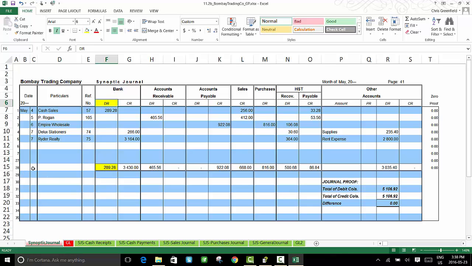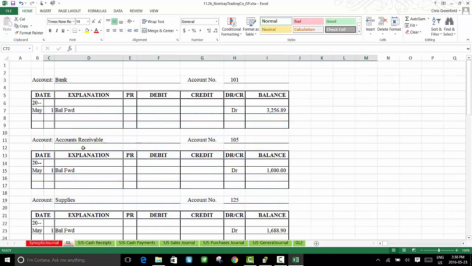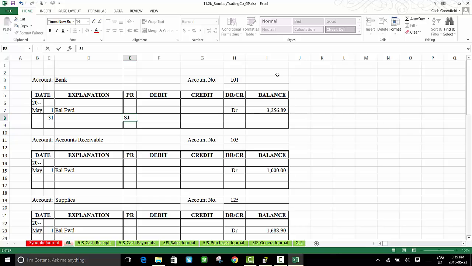Now these entries are all occurring on the 31st, so we're going to put a 31 in our totals line. Make sure you have our bank account. This is the total at the end of the month, so we're going to put in 31. In this case, we're using a Synoptic Journal, so we're going to use the code SJ for Synoptic Journal.